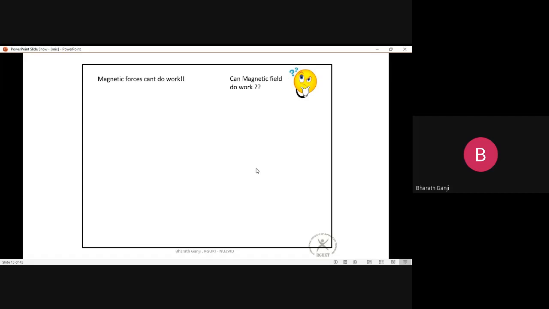The equation we always use to say magnetic fields don't do work is this one. If the charge q is moving like this, and there is a magnetic field pointing inwards, then v cross b gives the force in the upward direction.